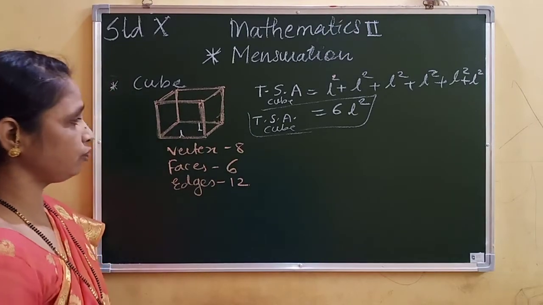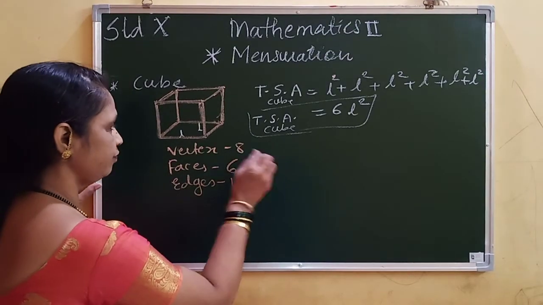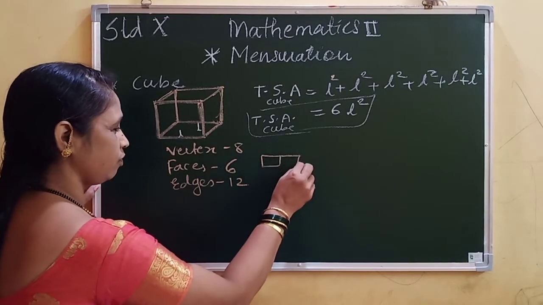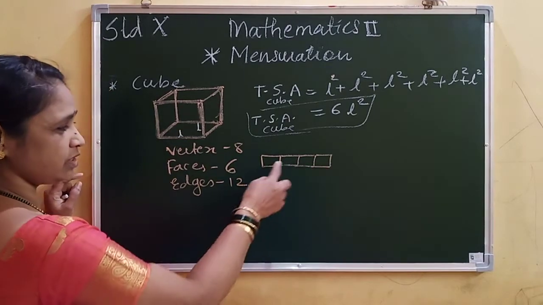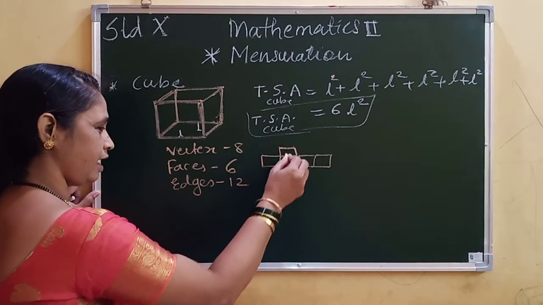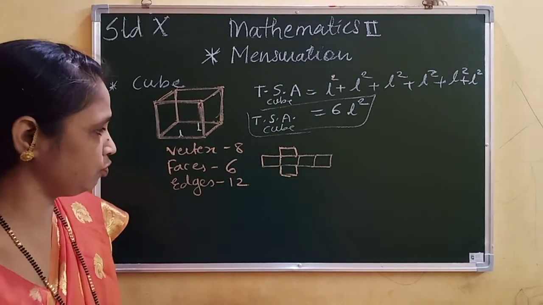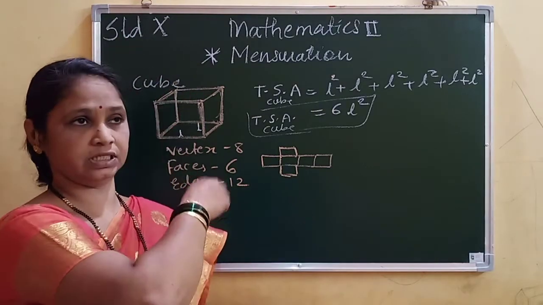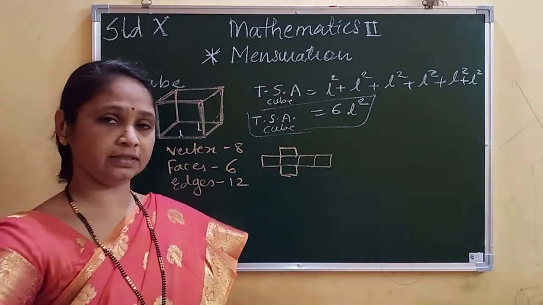Next we have to find its vertical faces. See, when the figure is opened, how will it look? See, 1, 2, 3, 4. These are the vertical faces of a cube, and this is the upper face and this is the bottom face. Suppose you are sitting in a room. It has its walls: the first, second vertical and the side walls.